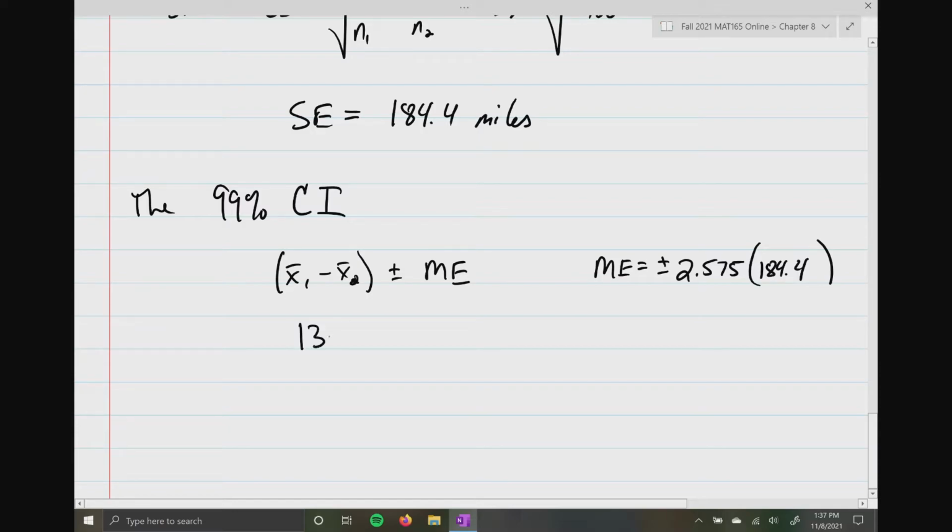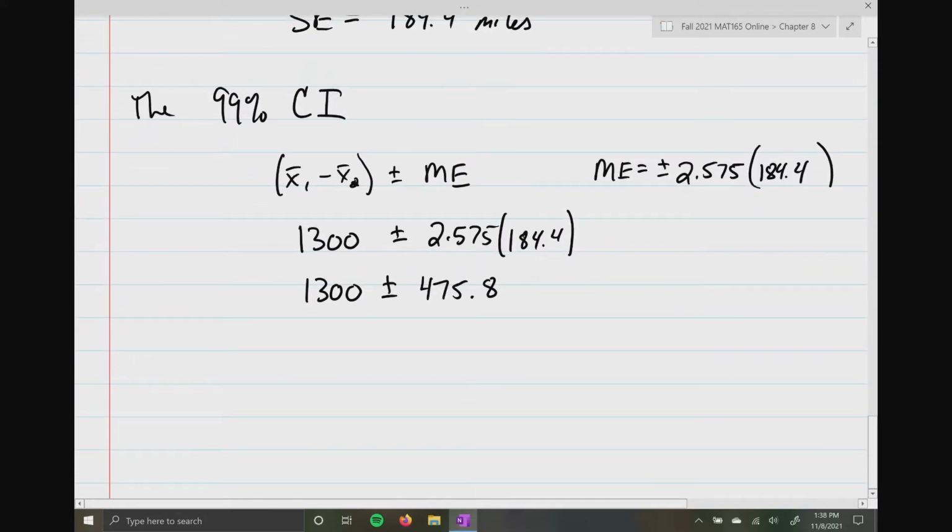We got 1,300 plus or minus 2.575 times 184.4, which gives us 1,300 plus or minus 475.8.